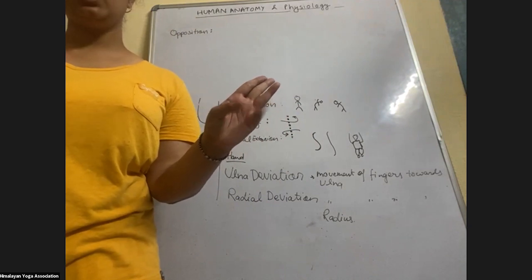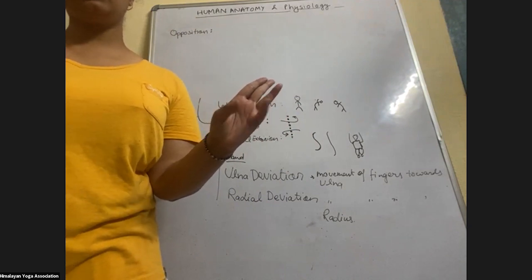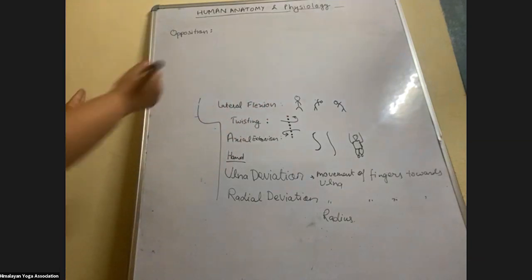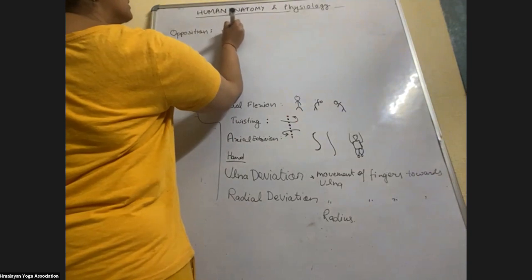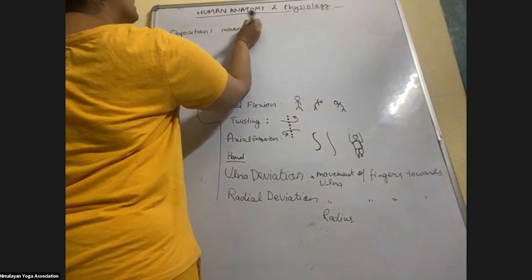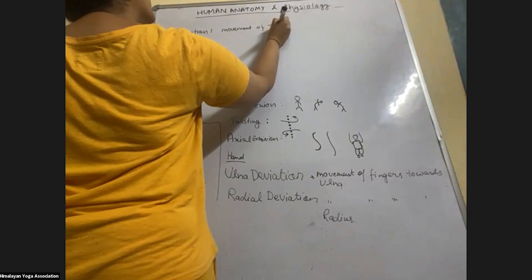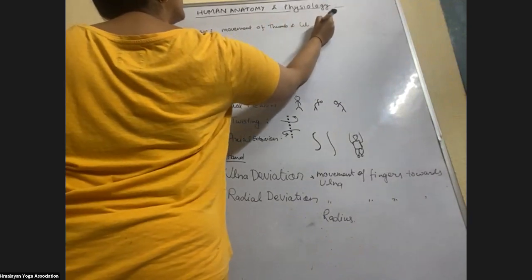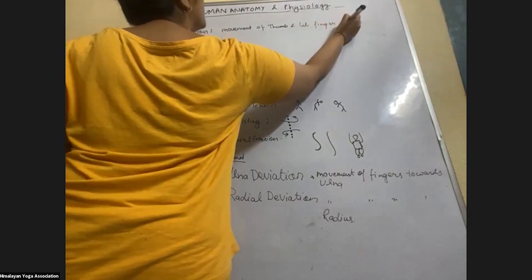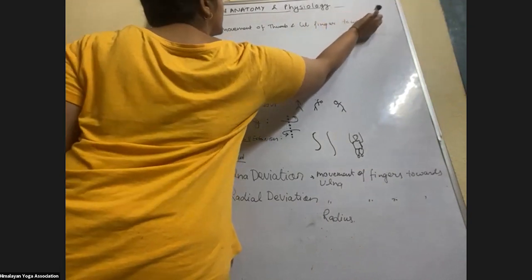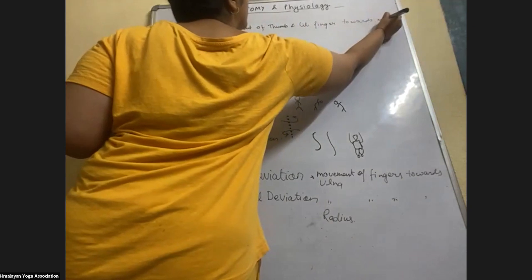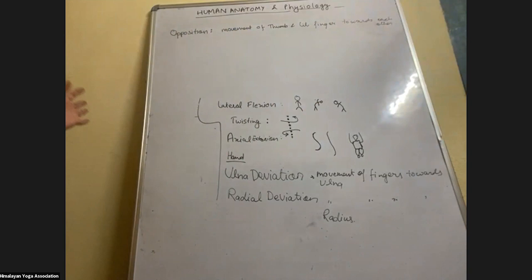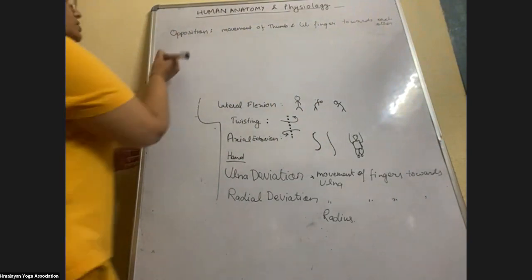When these two fingers are touching each other, it is called opposition. Then we have dorsiflexion.